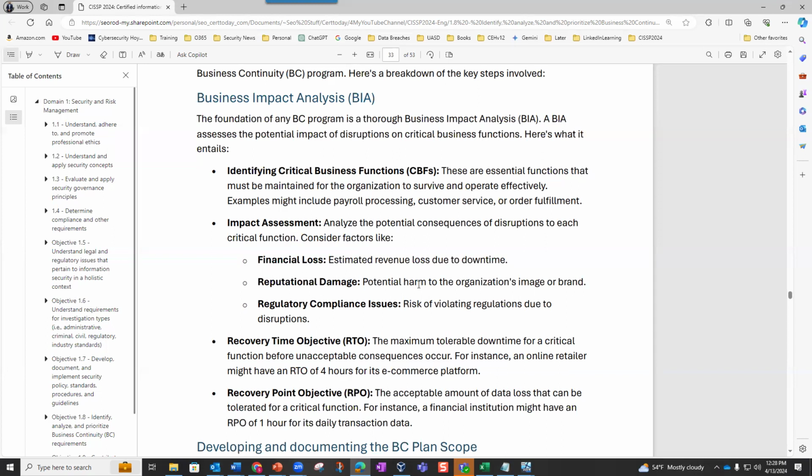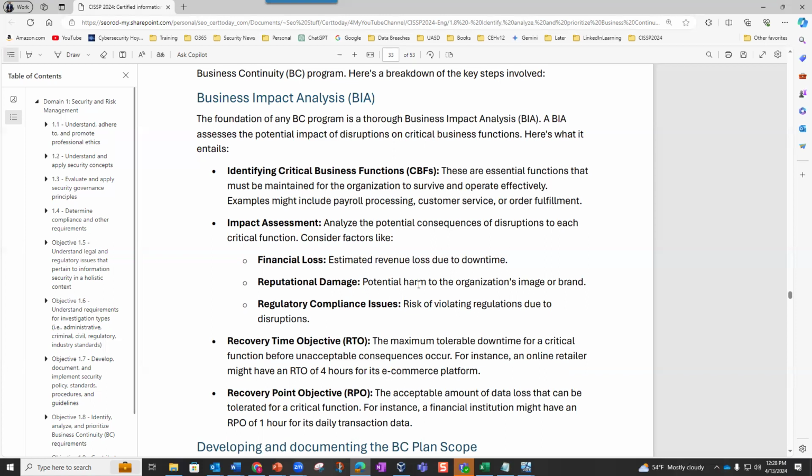So identifying the critical business functions, or CBFs, which are essential functions that must be maintained for the organization to survive and operate effectively. Examples might include payroll processing, customer service, or order fulfillment, for example.